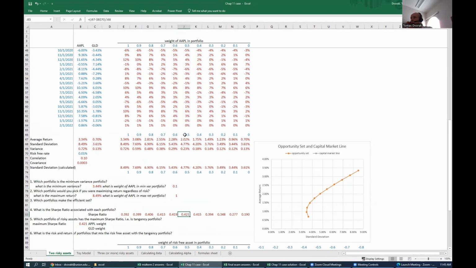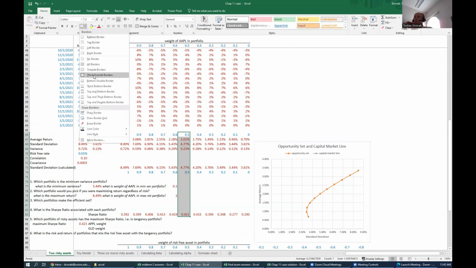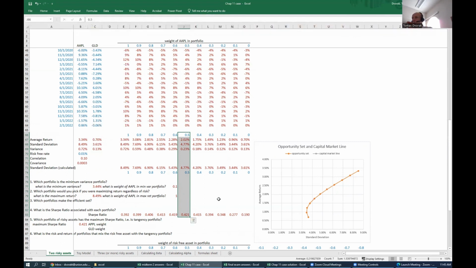It's the one where the assets are mixed 50-50. Let's actually put a nice thick border outside. Okay. That's our maximum Sharpe ratio portfolio.